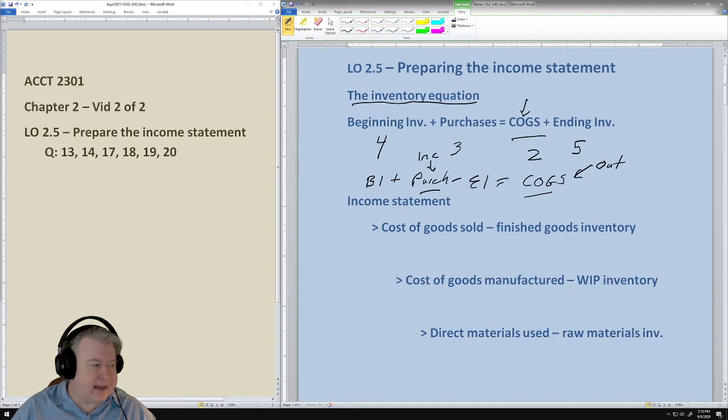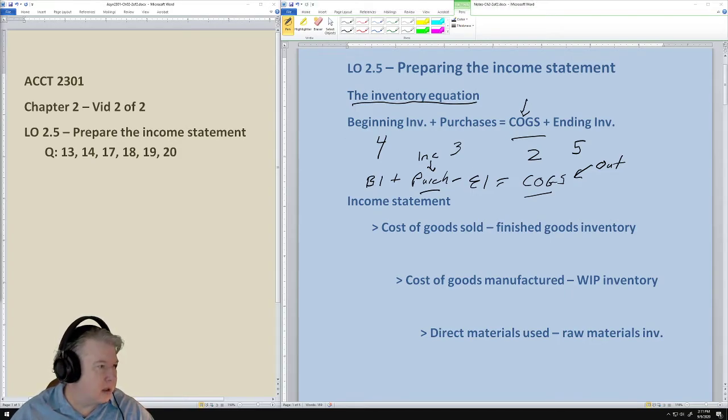When we're working towards building up the income statement, first we need to know what the cost of goods sold is. But in order to know that, we need to know what was the finished goods inventory. How many things went in and out of the finished goods inventory?